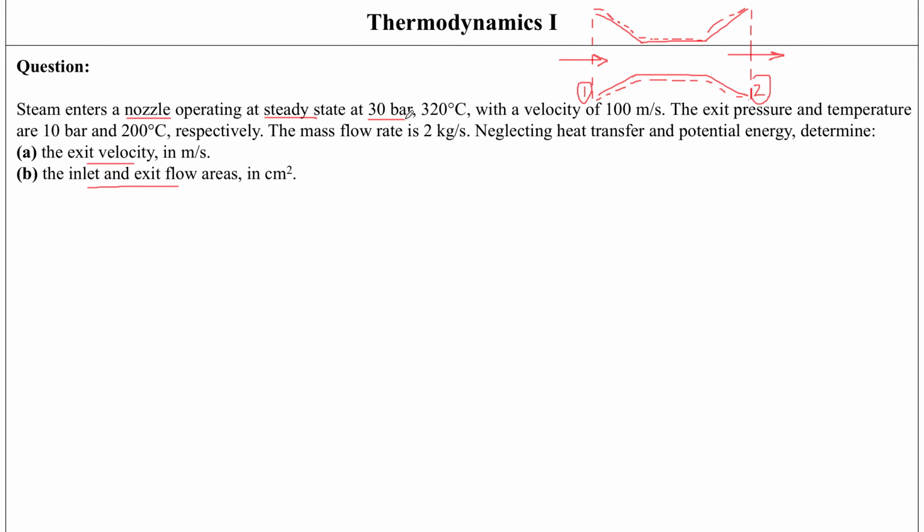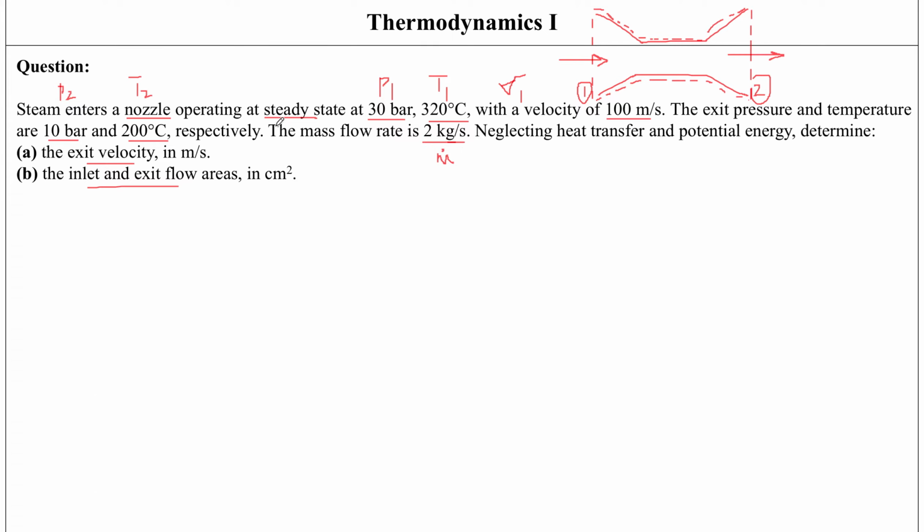At 1, you've got 30 bars of P1, you've got the temperature, which is T1, and you got the velocity, which is going to be V1. Then at the exit, you've got pressure given to you, which is P2, temperature given to you, which is T2. Okay, and you got mass flow rate that is given to you, so this is going to be m dot.